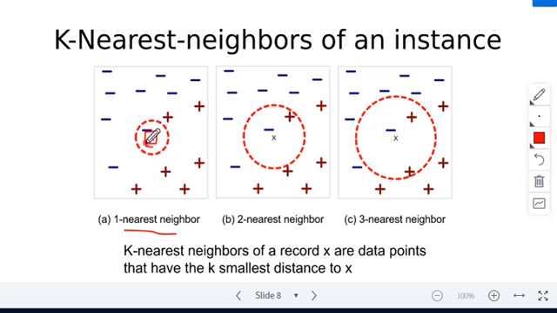In one nearest neighbor, you can see the red color boundary. I take the test data, find which training data is closest to this test data, and use that to predict.